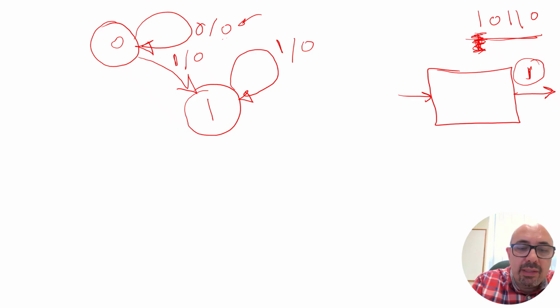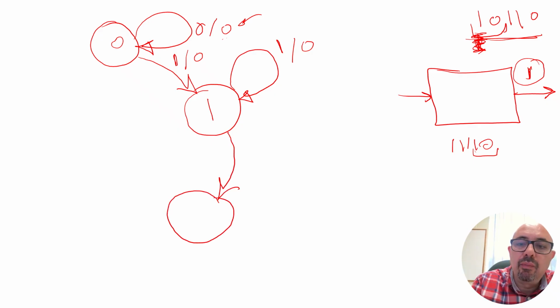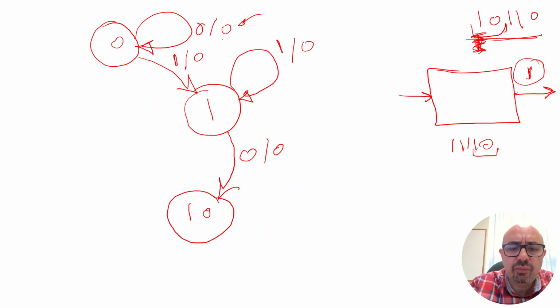When I'm in a state, I have two options, either 0 or 1. So I will stay in state 1 because I can have a sequence of 1, 1, 1, a hundred ones, and then I will start to have the 0. In this case, I will have the 1, 0 from my sequence, so I will stay in state 1 as long as I'm receiving ones until I receive a 0, and then I will move to a new state, which is state 1, 0. This is when I have a 0 and the output is 0.